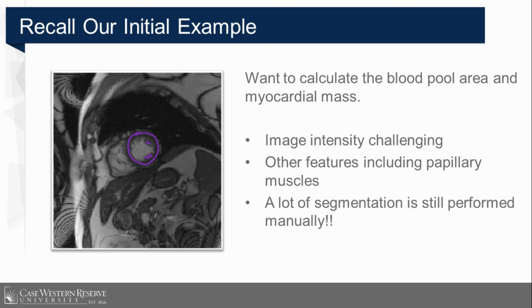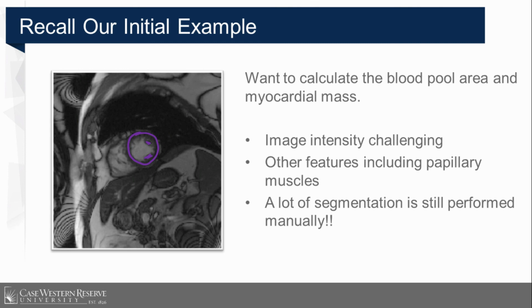And so, for instance, in this particular case, if you were a cardiologist or a radiologist and you wanted to find these measurements, you would do a lot of this manually still, just because these images are so difficult to segment automatically. There may be some human interface with a computer segmentation, but you still have to look at the segmentation before you could determine that it was actually correct.